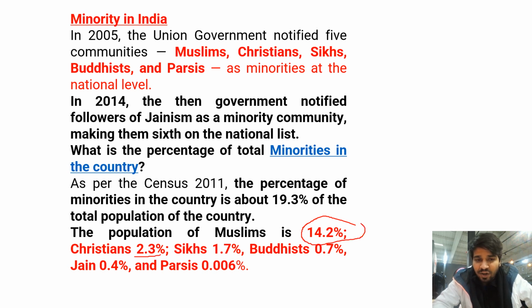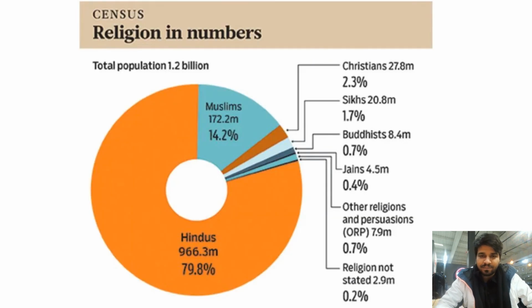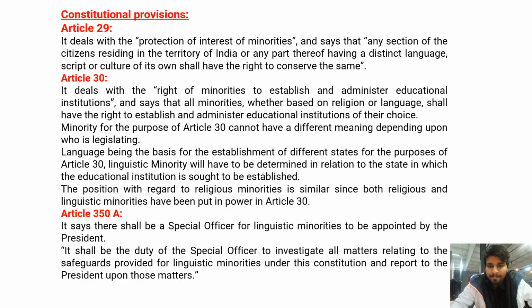It is ironical to see that Christian population in India is higher than the Sikh population, which are merely 1.7%. The Buddhists, they are 0.7%. Jain, they are 0.4%. And Parsis, they are 0.006%. Right. So this can be seen through this graph as well, histogram as well.